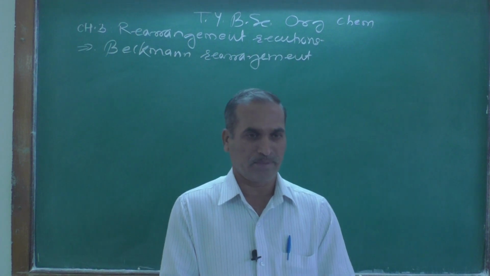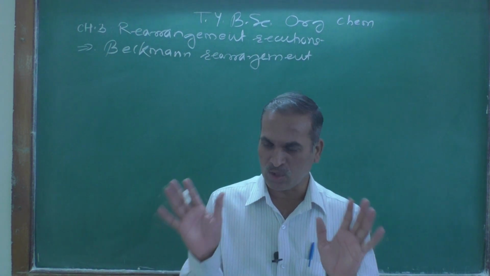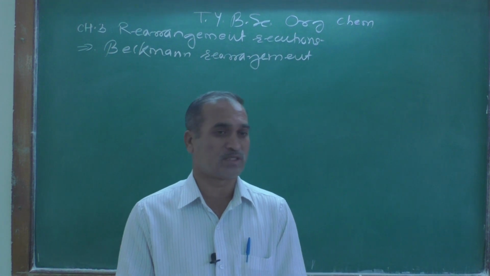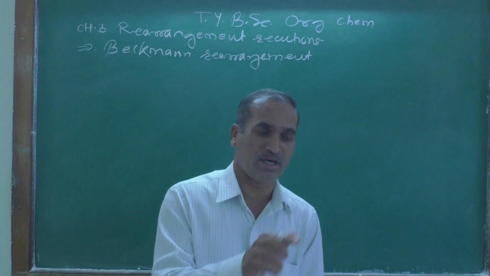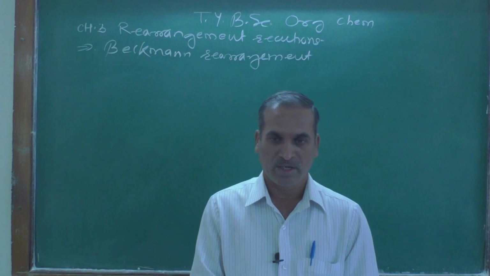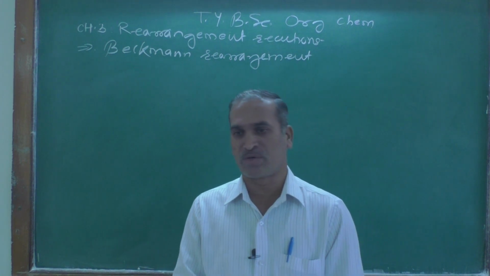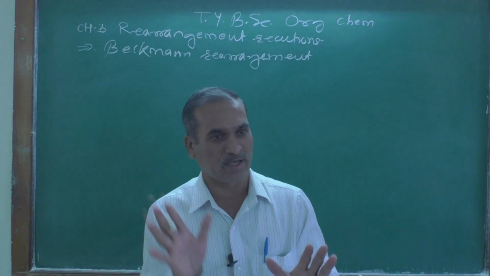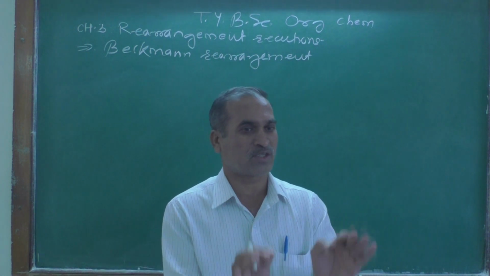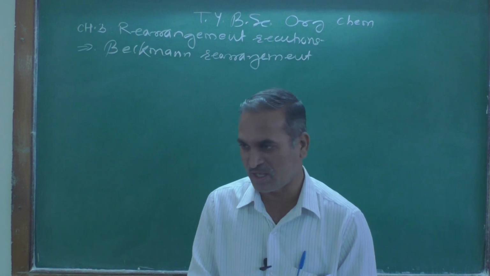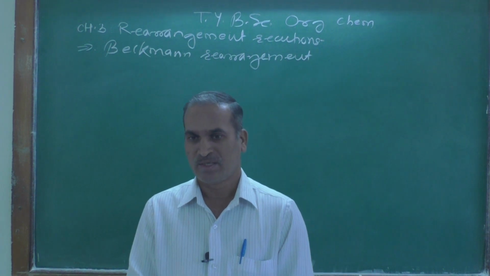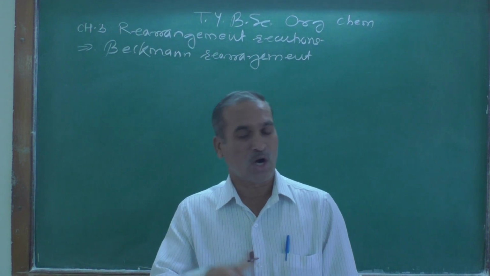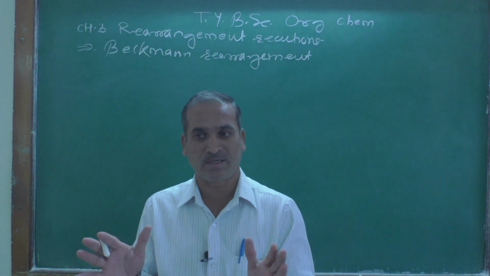Generally oxime, you know that oxime, right? When that oxime is treated in an acidic medium, the resulting compound formed is an N-substituted amide, so that reaction is known as the Beckmann rearrangement reaction. And oxime means, how are oximes obtained?